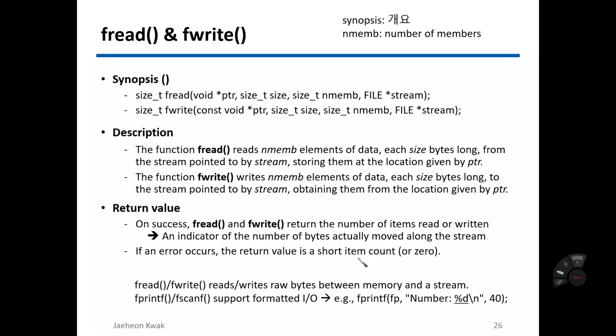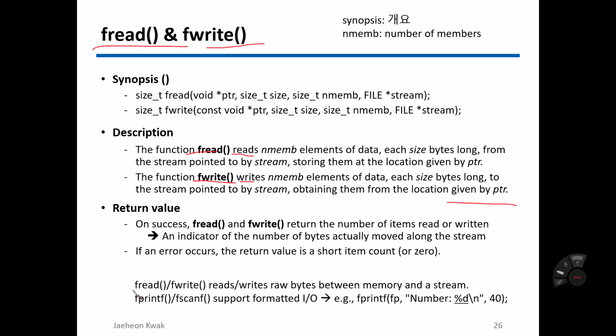And we also have lower level I/O functions, fread and fwrite. Their roles are very similar to fscanf and fprintf. So fread will read the data from the location, and fwrite will write some element to the given pointer.